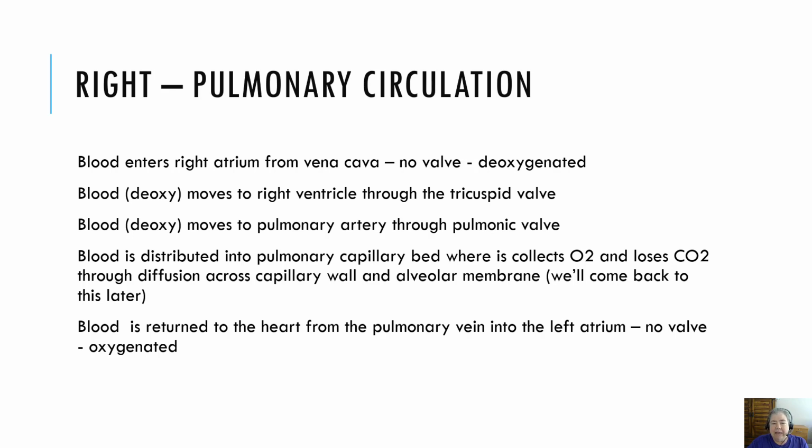But the blood then collects into pulmonary veins. And unlike the veins in the systemic circulation, this is now oxygenated blood. And it is returned through the main pulmonary vein into the left atrium. And again, there is no valve. And that oxygenated blood now is in the left atrium and will move into the left system.